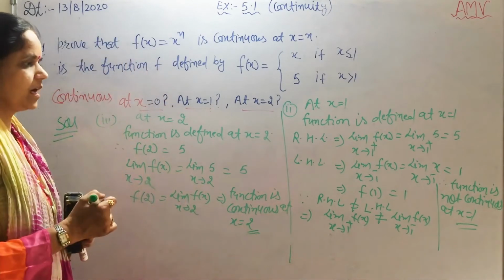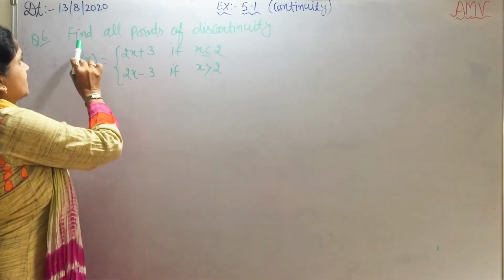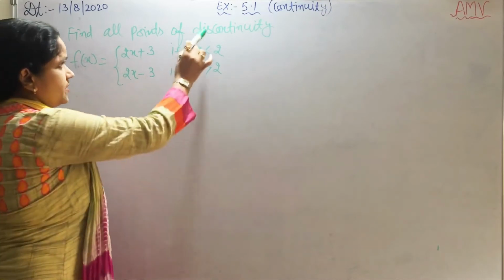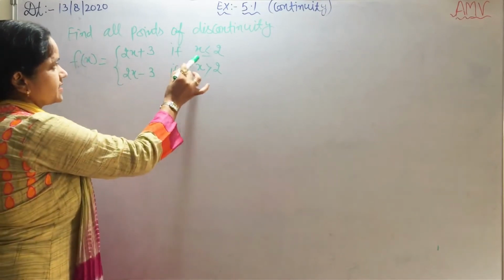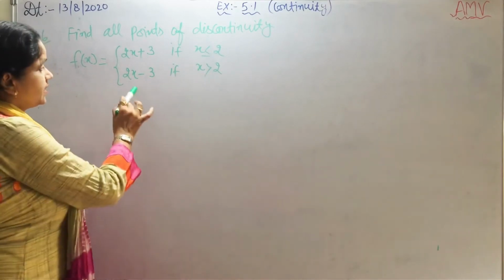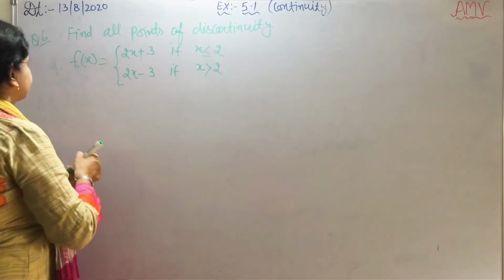Okay. Now next question, question number 6. The question is find all points of discontinuity. f(x) is 2x plus 3 when x is less than or equal to 2, and 2x minus 3 if x is greater than 2.